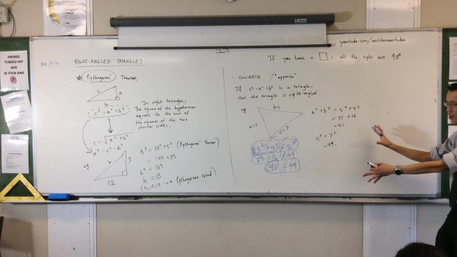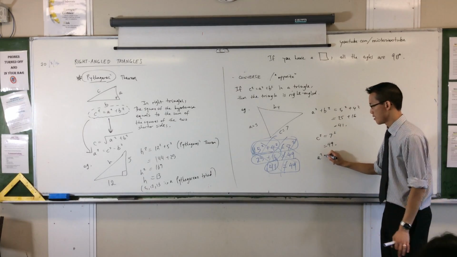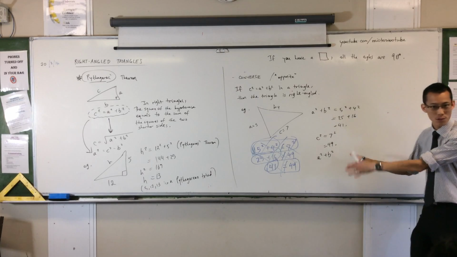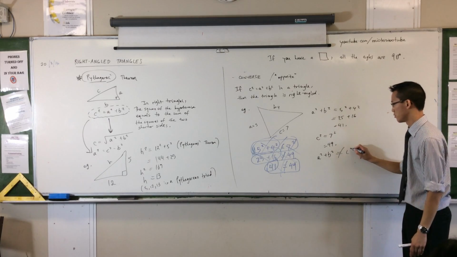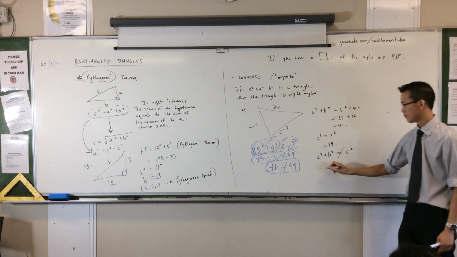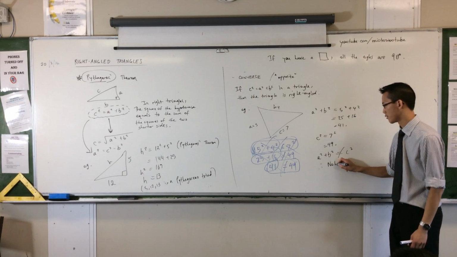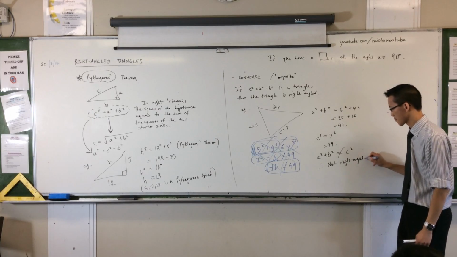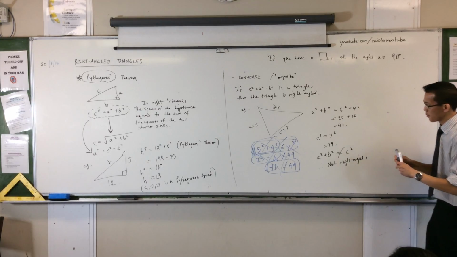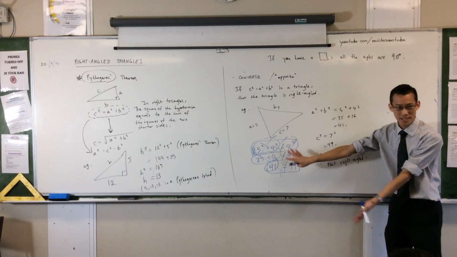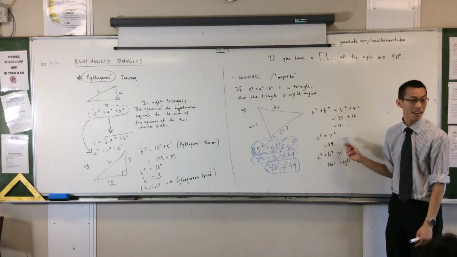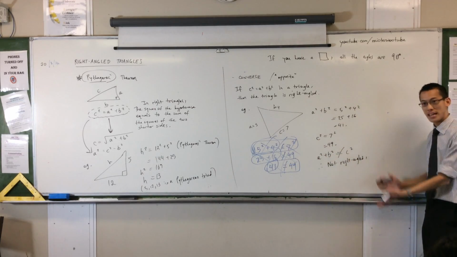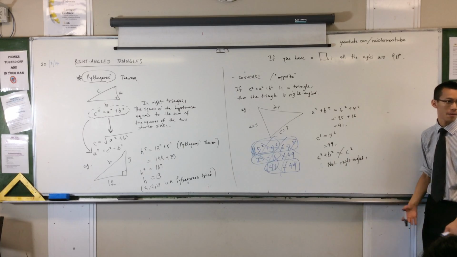So now at this point, I can conclude, aha, the sum of those two squares is not equal to the square of the last one. Therefore, it's not right angled. Now can you see all the maths of it all works out the same, but the way you present it, totally different, and it makes a real difference.